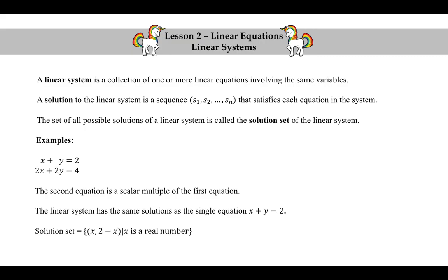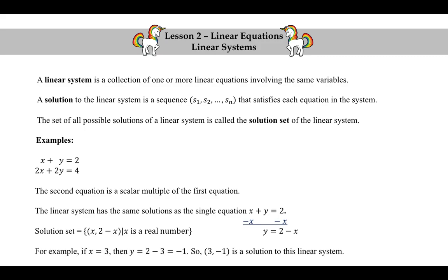So the solution set is the set consisting of points of the form (x, 2 minus x), where x is a real number. To see that the y-coordinates of the points are always 2 minus x, we could simply subtract x from each side of this equation to get y equals 2 minus x.